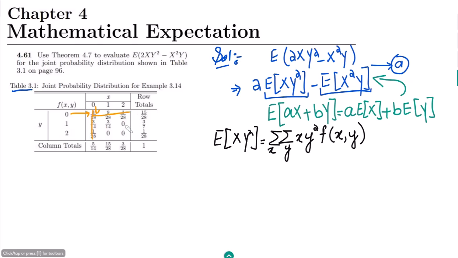Okay, similarly here in these two values, x and y are non-zeros while f of x y are zeros. Similarly here this is also 0, so the only value which remains here is this 3 by 14, which is for y equal to 1 and x equal to 1.